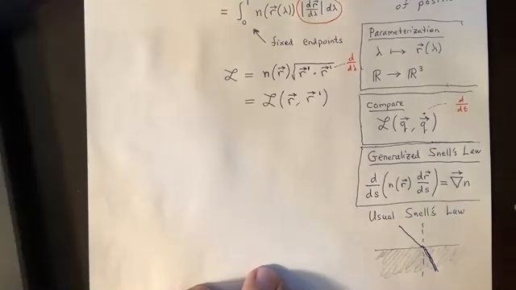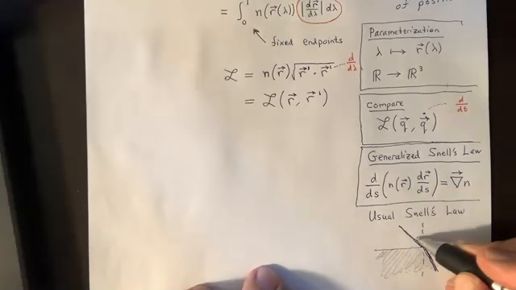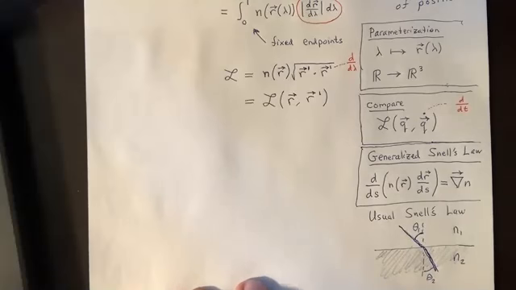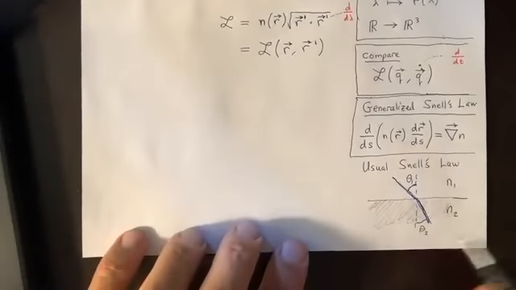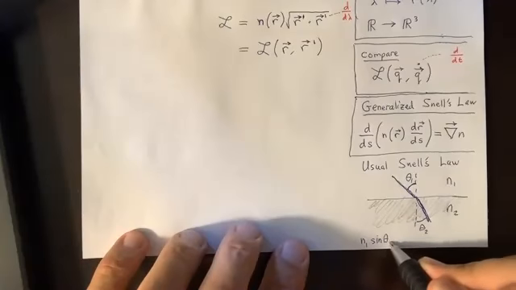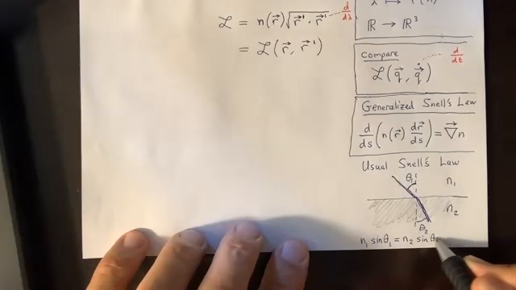Looks like I really made a mess of this diagram. Sorry about that. But you know the result. We've got theta 1, we've got theta 2. We have an index of refraction, and an index of refraction. The usual Snell's law is good old n1 sine theta 1 equals n2 sine theta 2.